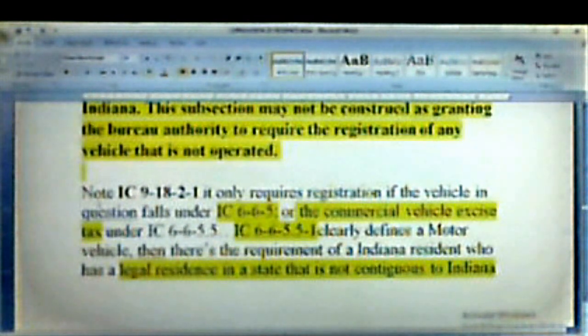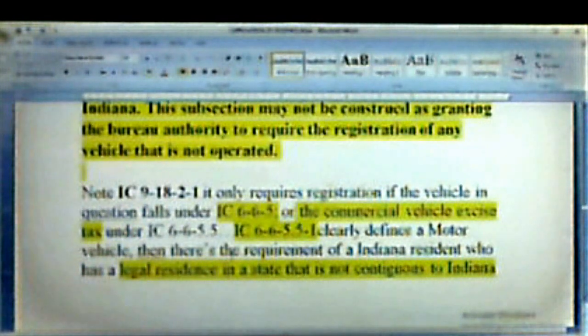So, right here, we're going to go back and note that IC 918.21 only requires registration if the vehicle in question falls under IC 665 or the commercial vehicle excise tax under IC 665.5, and here in IC 665.5-1, here's where we'll find a clear definition under Indiana law of what a motor vehicle is, right?